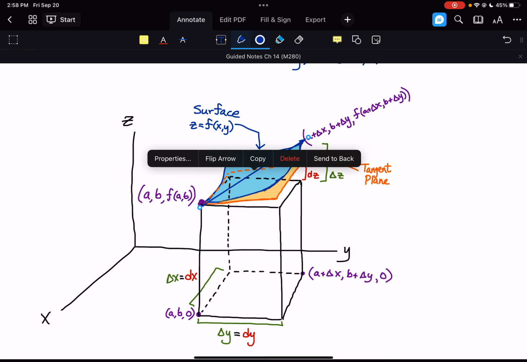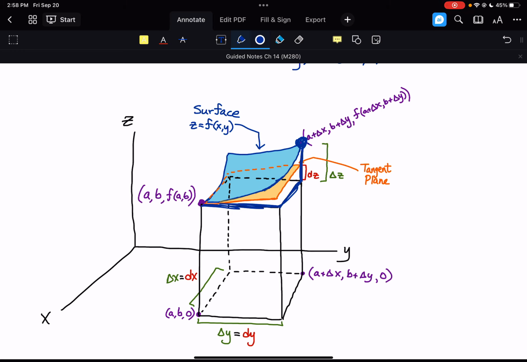That change, from here to here, is delta z. But if for some reason we cannot find the actual value on the surface, we can use the tangent plane. It's not going to get all the way to the actual point, but it comes right here. So we get an approximation.